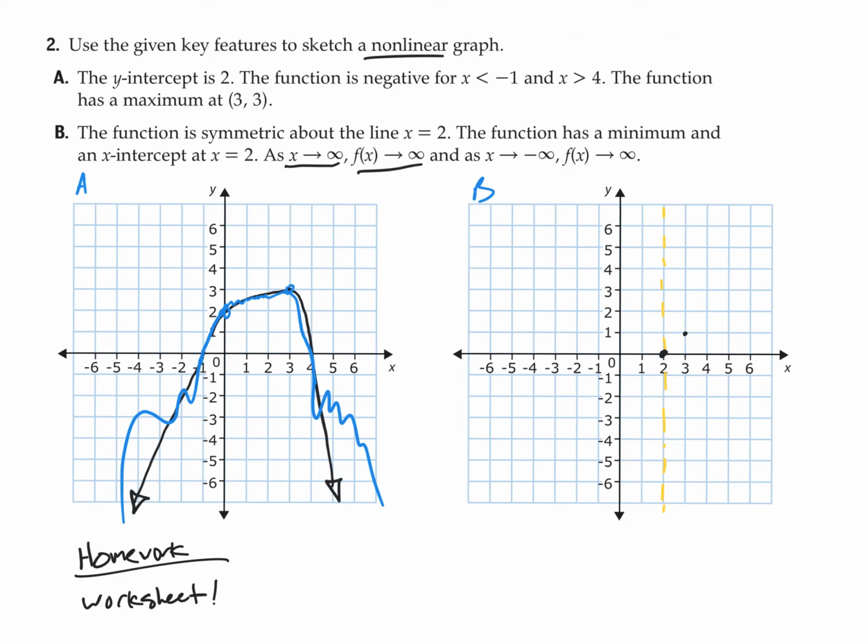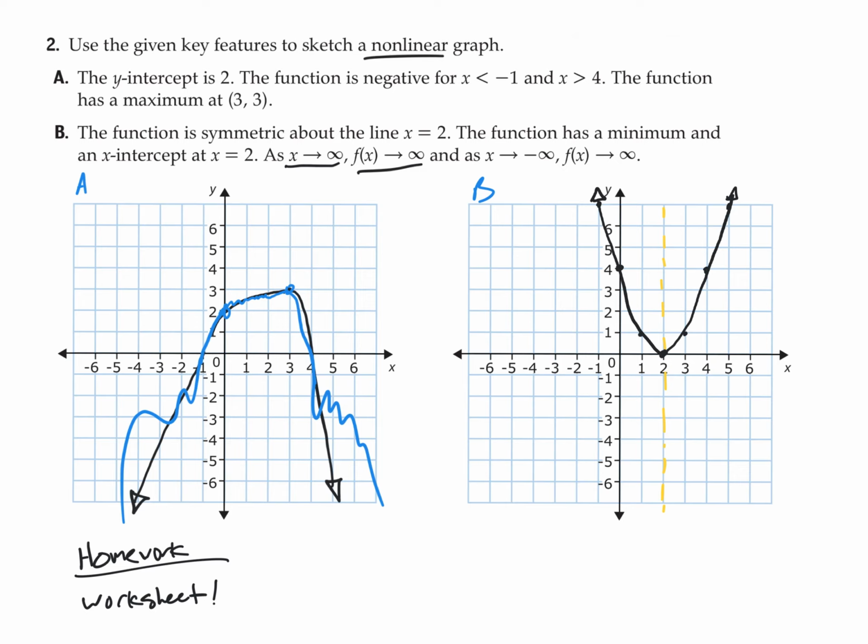As I move further right, I need to go up. So maybe this one here and there, and then we'll go here and here. So whatever I draw on the right side of this line, I need to also have on the left side of that line.